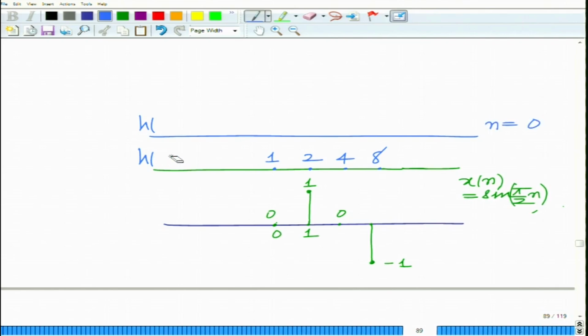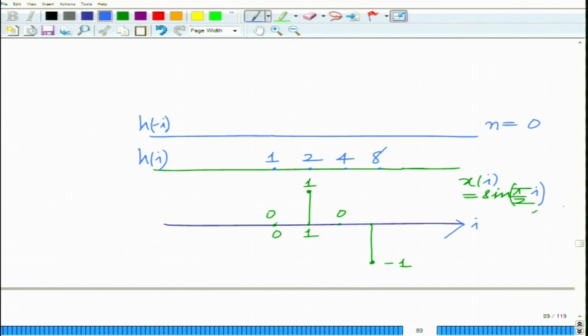Let us make the index I, because the summation is with respect to the index I. So, this is x of I, sin of pi by 2 I. Okay. So, this is basically your index I. So, this is h of I. Now, for n equal to 0, I have to consider n minus I, so it will be h of minus I, and h of minus I, remember, will be modulo 4.